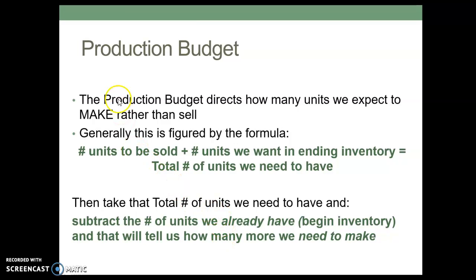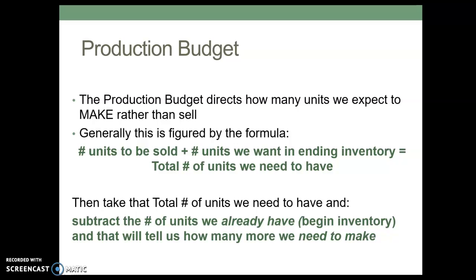So here, the production budget is telling us how many do we need to make, as opposed to the sales budget, which says how many do we think we're going to sell. We're not going to make the exact amount that we think we're going to sell. If I think I'm going to sell 1,000 units for the first quarter of next year, I'm not going to make exactly 1,000 units during that quarter.